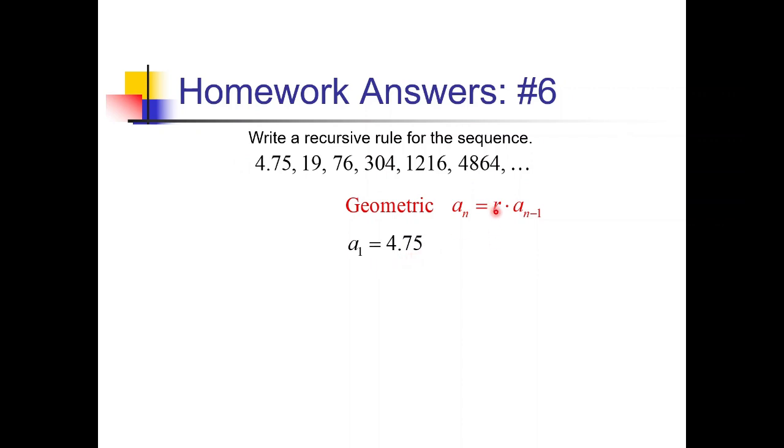We also need to know the r value, and we already found it. If you do 19 divided by 4.75, we already saw that that comes out to 4, and that's repeated throughout here. So just plugging that in, we can write our recursive equation as a sub n equals 4 times a sub n minus 1. These two things together, the a1 and the a sub n, make up our recursive definition.